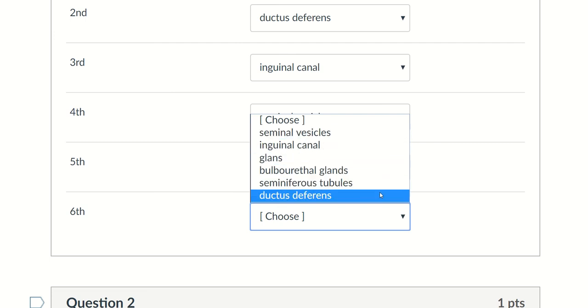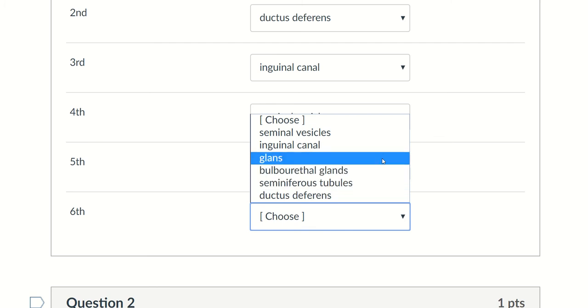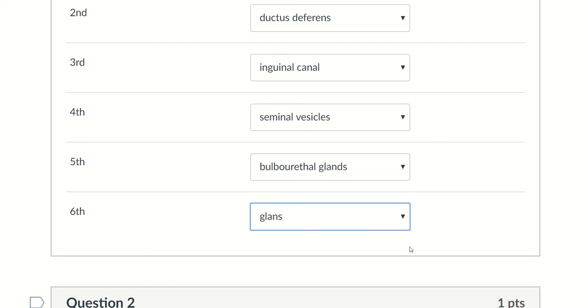Then out the urethra, which is not on here. Then we've got the tip of the penis, which is the glans, and lastly the prepuce, which is the foreskin. That's how you want to approach these types of questions if you have them on this assignment or the midterm.